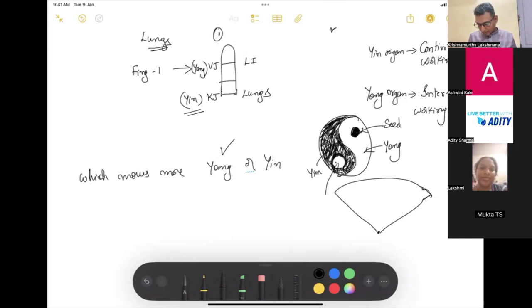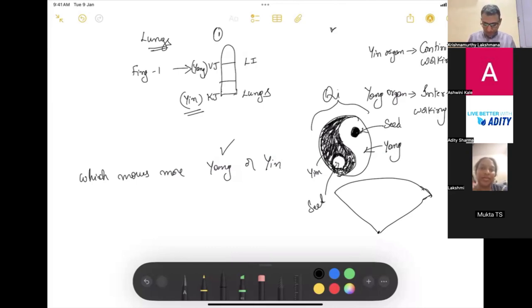This is the seed. The yang has come out of yin and the yin has come out of yang. So you cannot take yang out of yin. It is always together. Both of them put together, we call it chi.